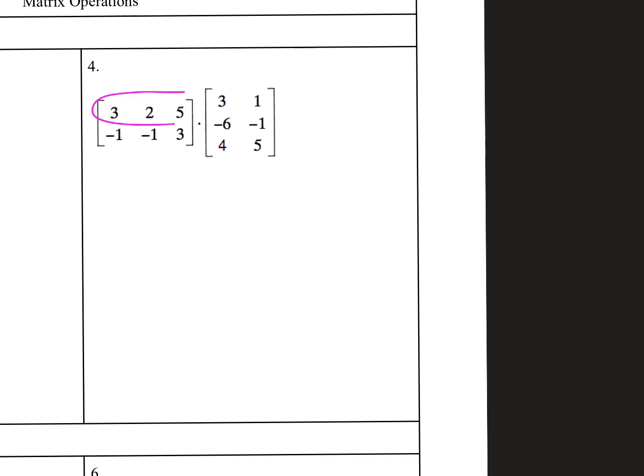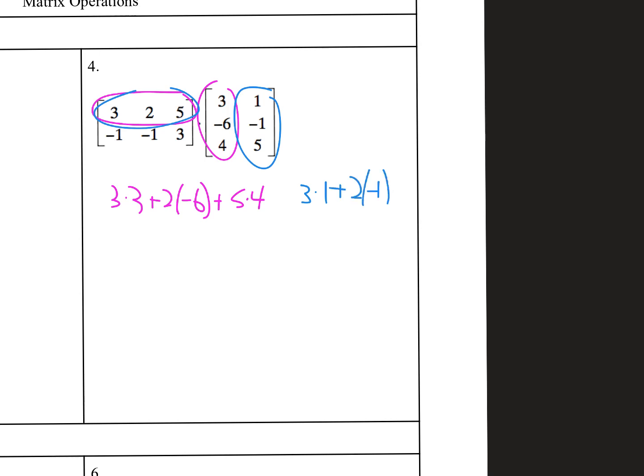Multiplication. We have to do this times this. So that's 3 times 3 plus 2 times negative 6 plus 5 times 4. And then we have to do first row, second column: 3 times 1, 2 times negative 1, and then 5 times 5.